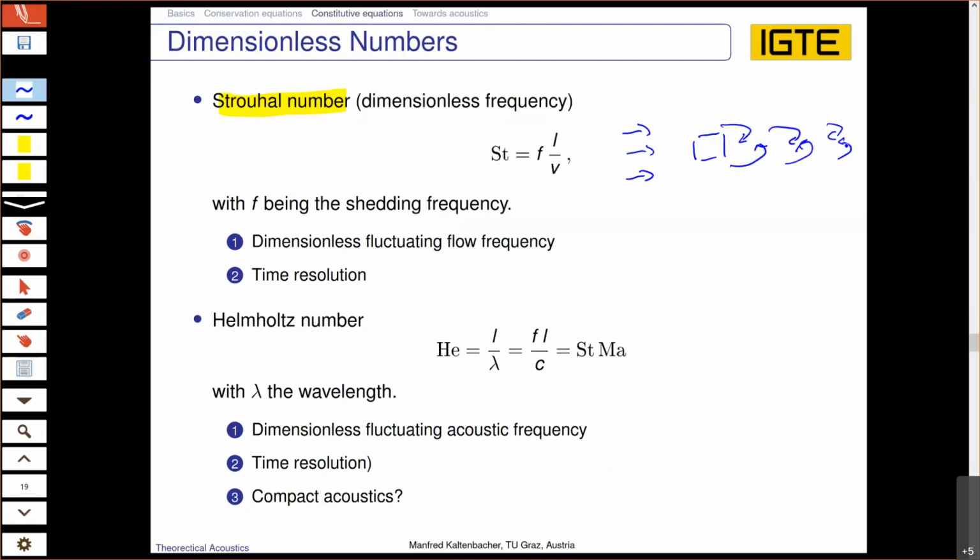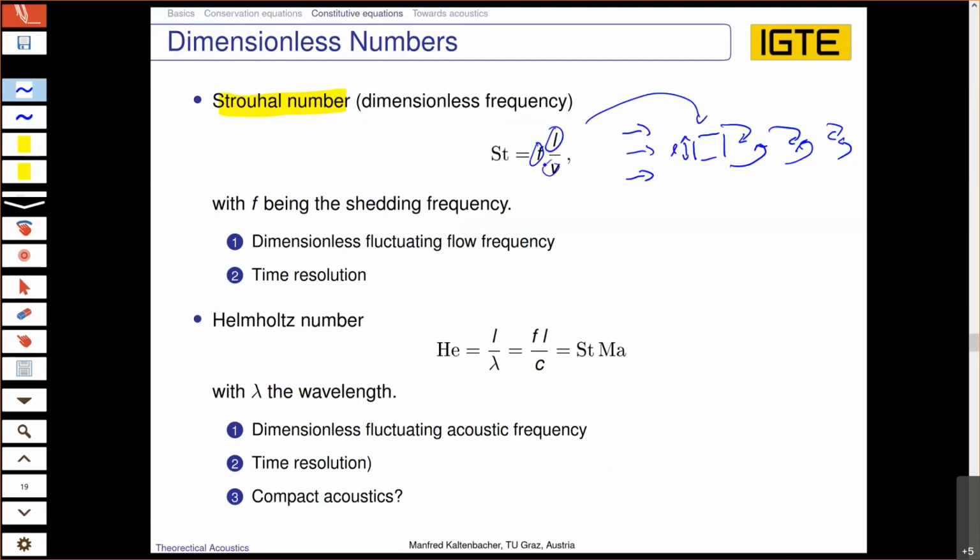And what is very interesting here is that with this Strouhal number, we get the relation to the shedding frequency. So f is our shedding frequency. L is the length scale. The length scale for our case would be, for example, this dimension L. We can also use the diagonal of this square cylinder, but this is the geometric characteristic length scale, and we have the velocity.